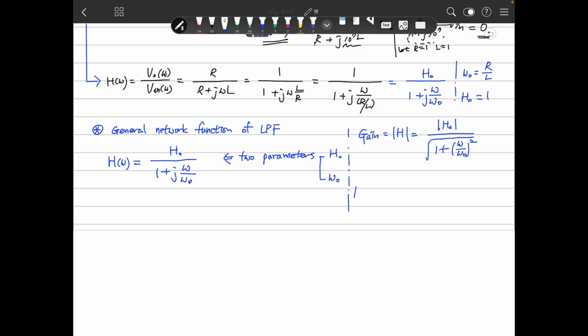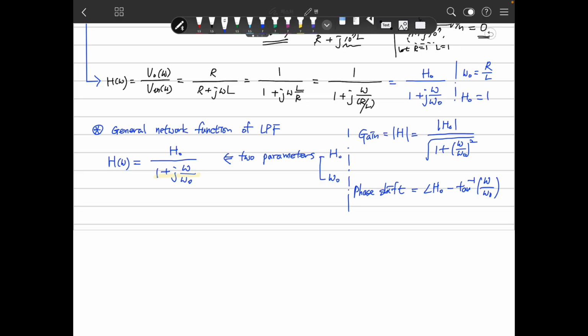And we can do the phase shift as well. So those are the two variables. The phase angle of H0 minus the phase angle of this. So this phase angle is arctangent of omega over omega 0. So this is the general form of the phase shift.